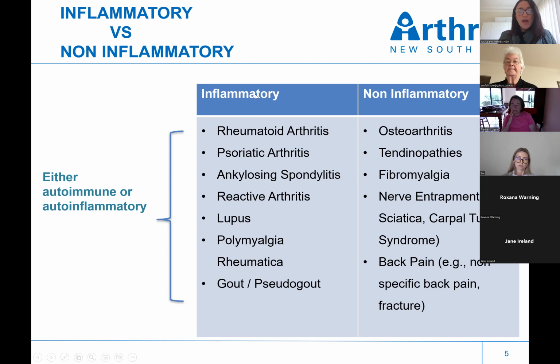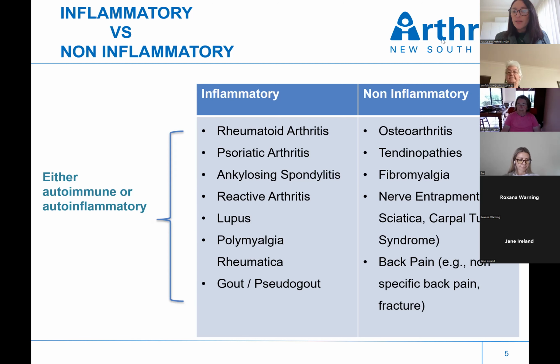So we have inflammatory conditions, and these are rheumatoid arthritis, psoriatic arthritis, ankylosing spondylitis, reactive arthritis, lupus, polymyalgia rheumatica, and gout, pseudo-gout. These all have some form of autoimmune or autoinflammatory component, and they often have a multifactorial genesis.